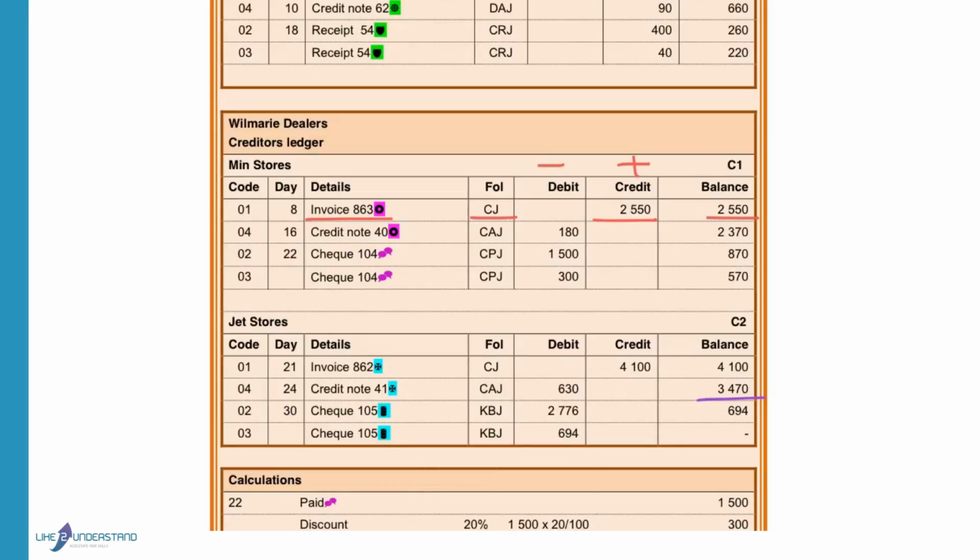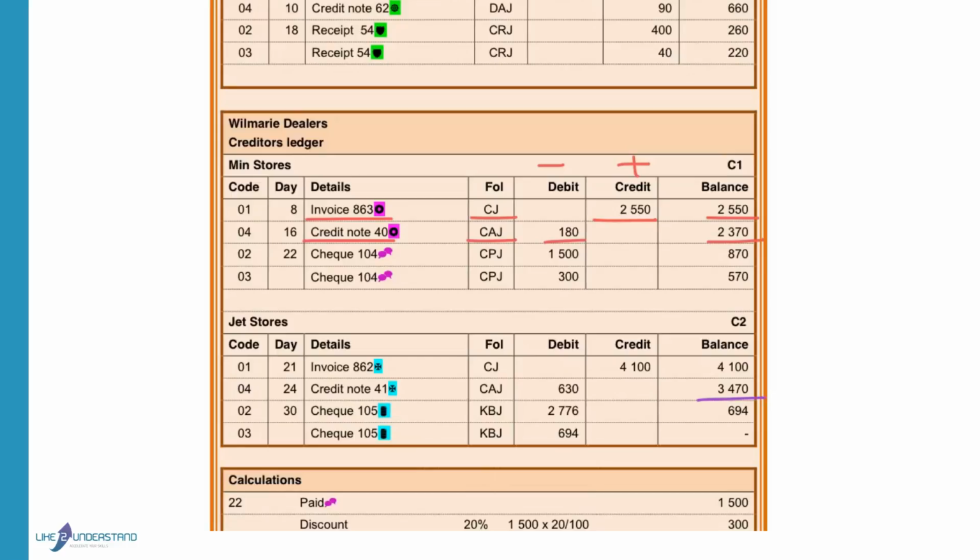We return goods, so credit note 40 was used to record the entry in the creditors allowances journal. It will decrease the debt on the debit side. The balance is 2550 minus 180, 2370.